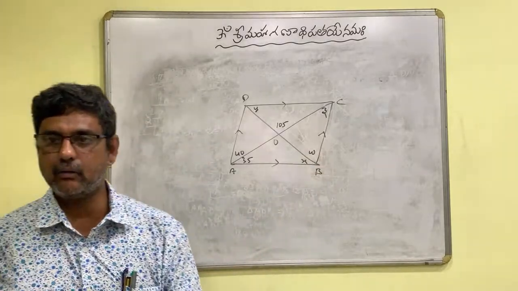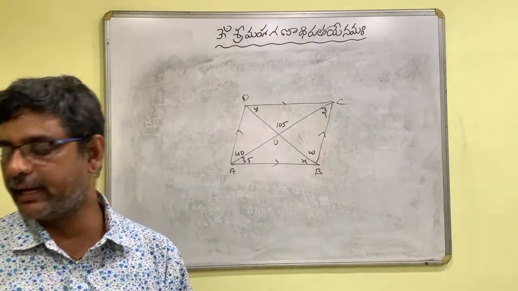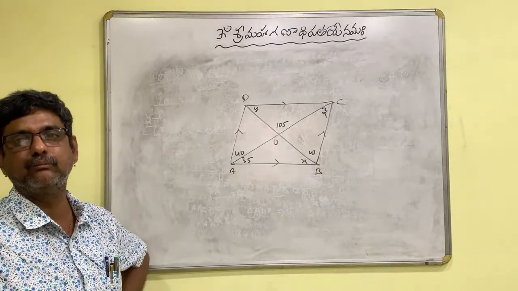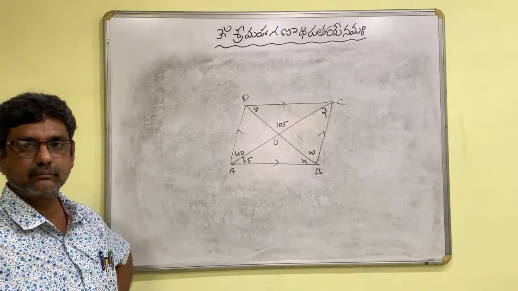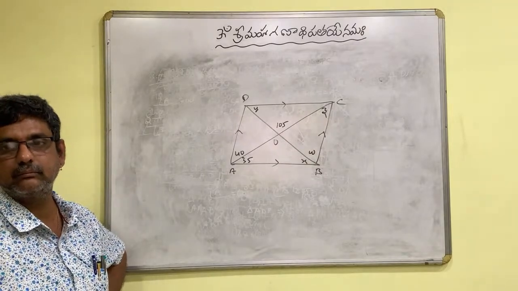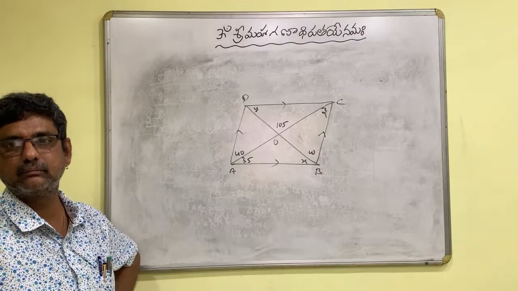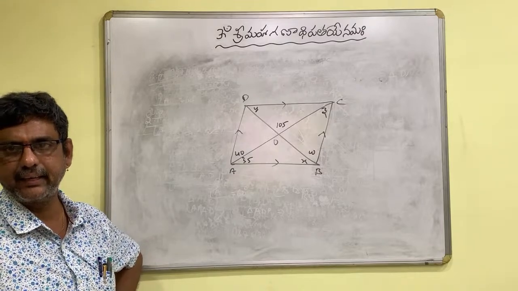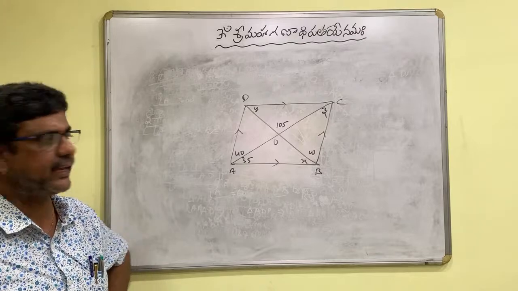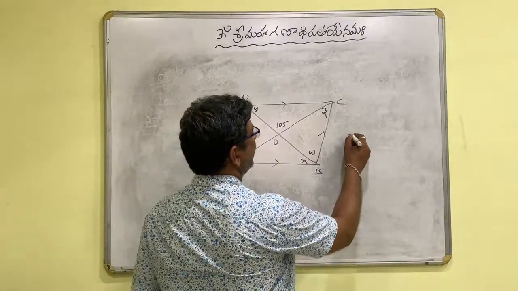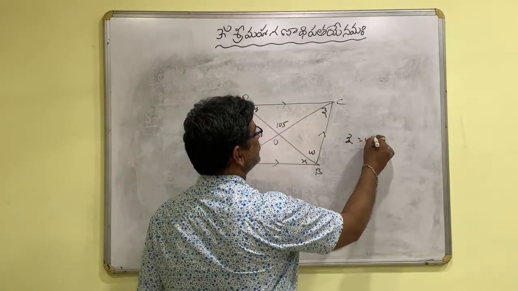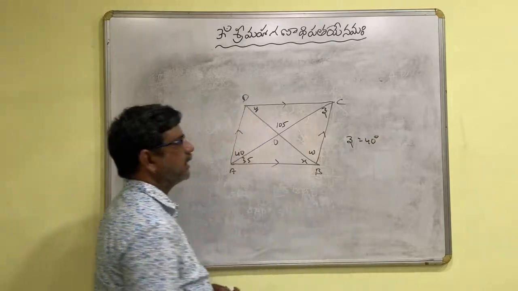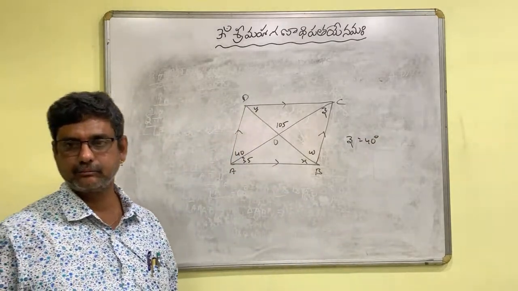We need to find out X, Y, Z, W. How? ACB is 40. Yes, alternate interior angles. Very good. Angle Z is equal to 40 degrees. Z is 40 by alternate interior angles.